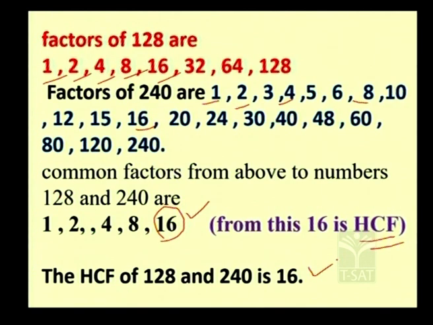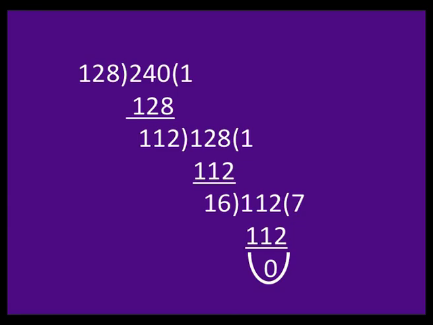Already we know these concepts, but we are refreshing, reinforcing our concepts. See, the HCF of 2 numbers we can find by the division method also. Here from 128 and 240, which is the bigger number? 240. So, when you divide 240 by 128, 128 ones are 128, right.